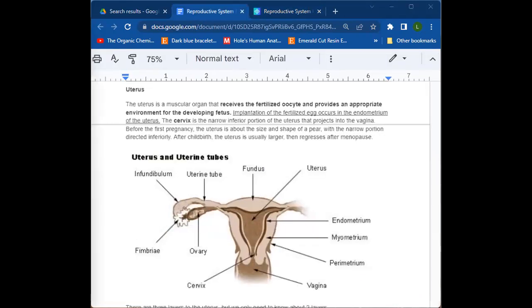Okay, so for the first female reproductive structure, we need to know about the uterus. So the uterus is supposed to be a muscular organ that receives the fertilized oocyte and provides an appropriate environment for the developing fetus.